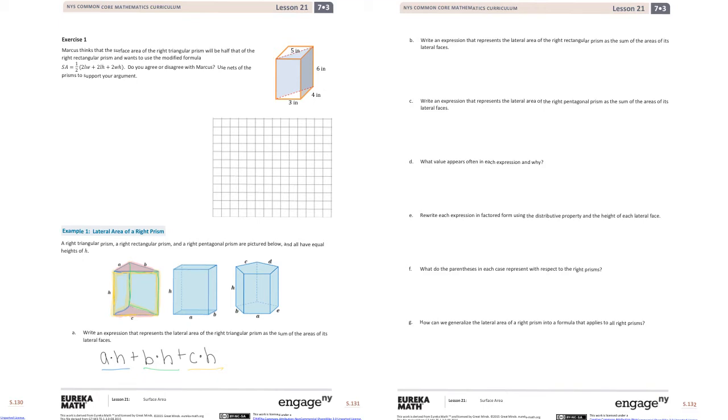So again, because we're trying to find the lateral ones, the ones we do not want to find are this one and this one. Now, the ones we do want to find, we're going to write as an expression.